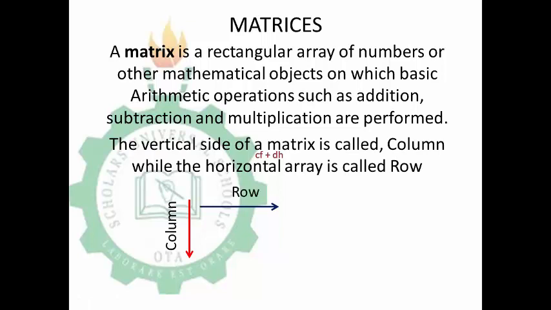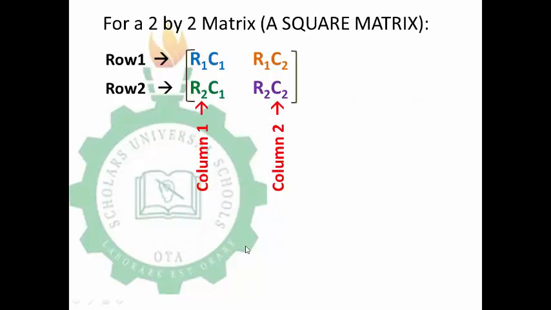So we have the row, we have the column. The row points to the horizontal direction of the arrangement of numbers in matrices, while the column indicates the vertical arrangement of such numbers as well.